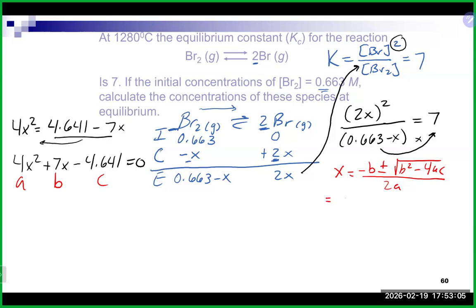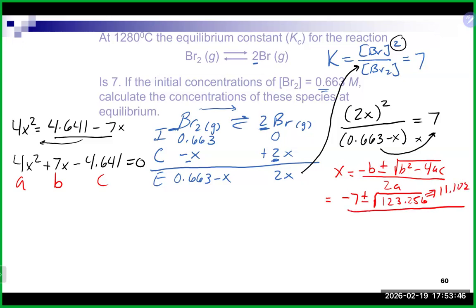That will get me minus b, which looks like minus 7, plus or minus. Inside the square root, taking b squared minus 4 times a, which is 4, times c, which is negative 4.641, that's going to give us, before you square root it, about 123.256, which if you square root it will get you about 11.102.